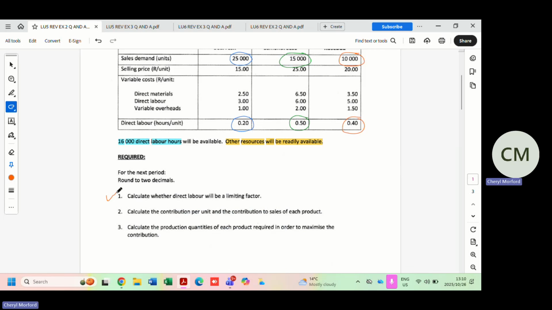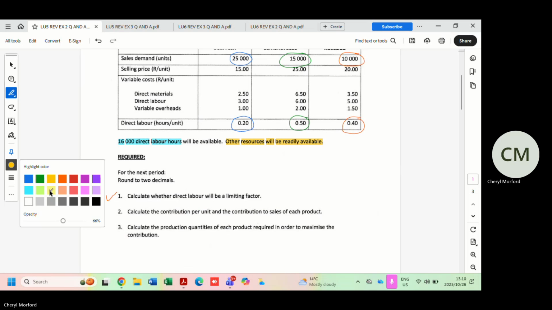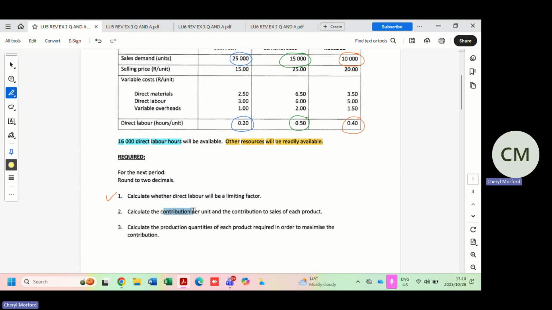Now, part 2, there are 2 things happening in there. We're going to work out the contribution per unit, and then we're also going to have a look at the contribution to sales ratio, product by product.